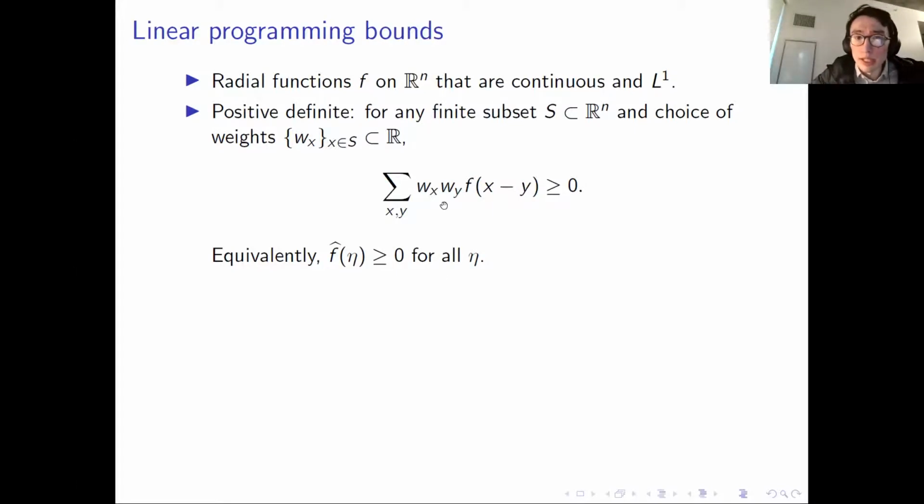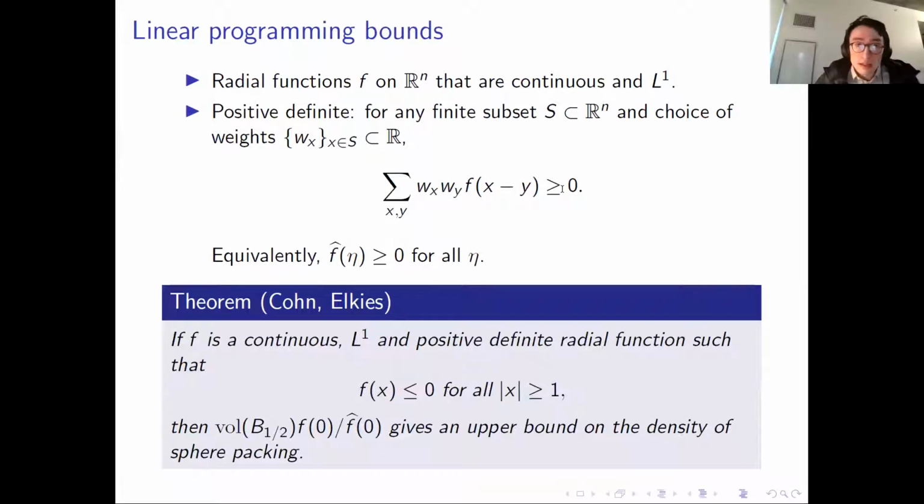But this sort of inequality about weights, or maybe that the matrix with entries in the x row and y column being f of x minus y, that this matrix is positive semi-definite, will also appear when we talk about the 3-point bound later in a different guise.